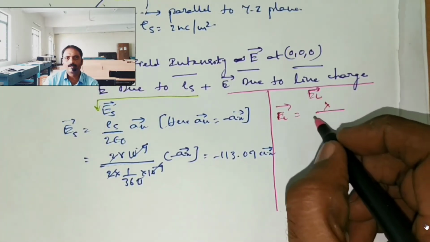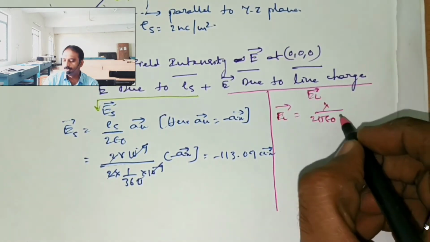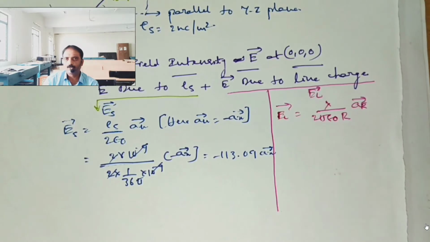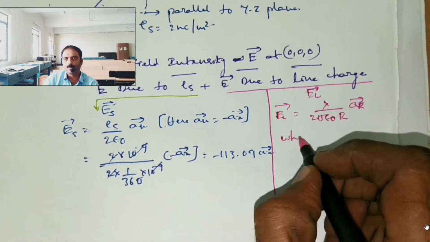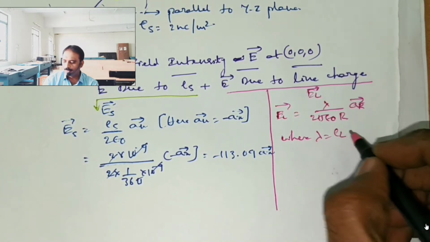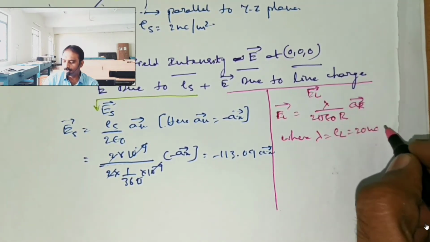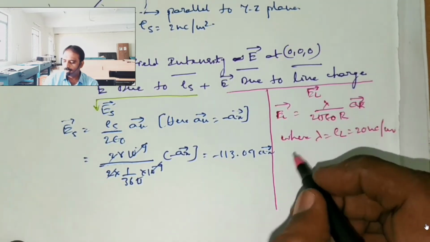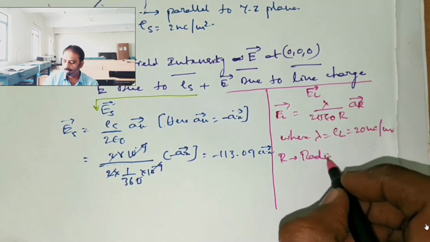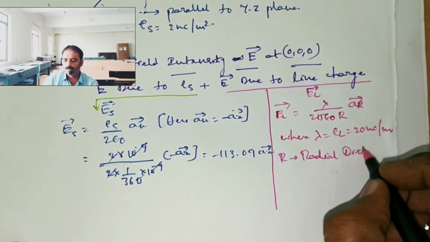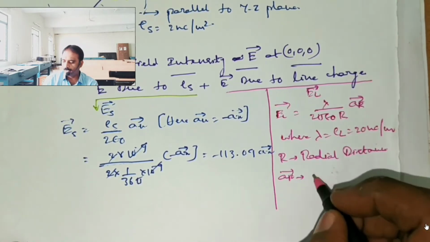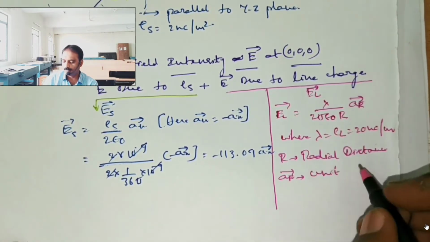Here R is the radial distance and AR is the unit vector directed towards the point where we have to find the electric field intensity. Lambda is given as 20 nanocoulombs per meter, R is the radial distance, and AR bar is the unit vector along R.